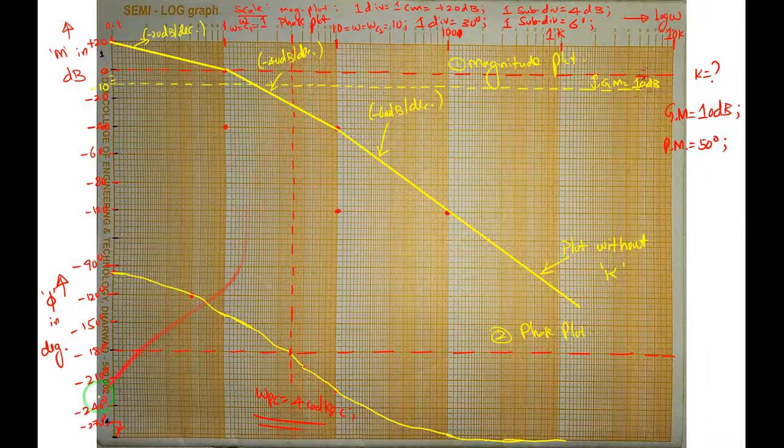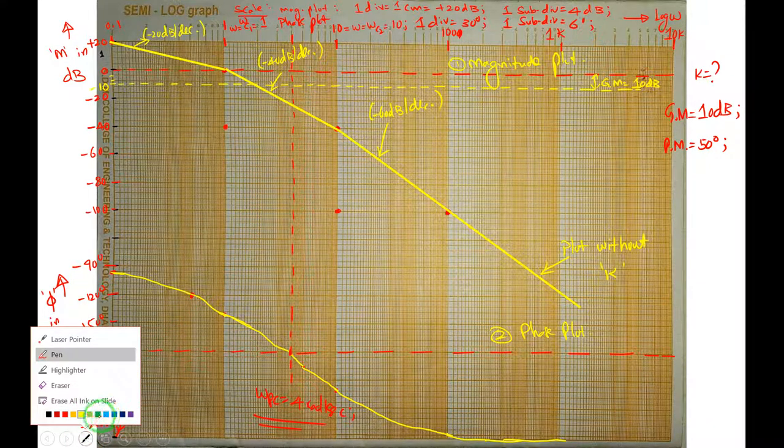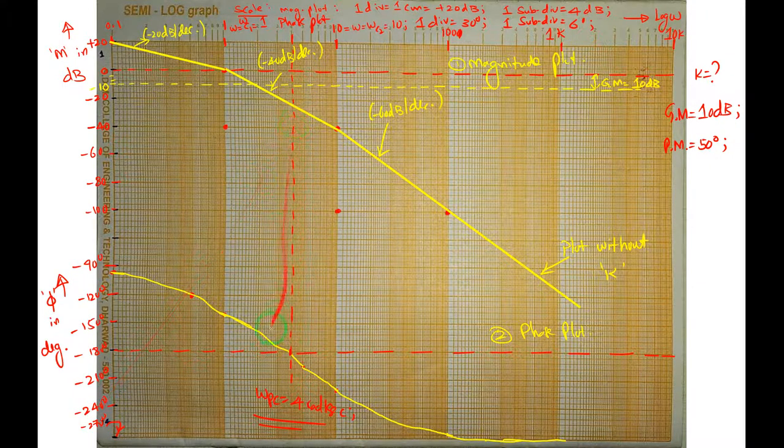Okay, let me choose some other color. Green color I'll be choosing. So this phase crossover frequency I am extending so that it cuts the magnitude plot here at this point, right? So this is without k. With k there will be some shift. And it is this 10 dB, because gain margin is 10 decibels, right? So I'll mark this point. This is A and this is A dash. Let me call it A and A dash.